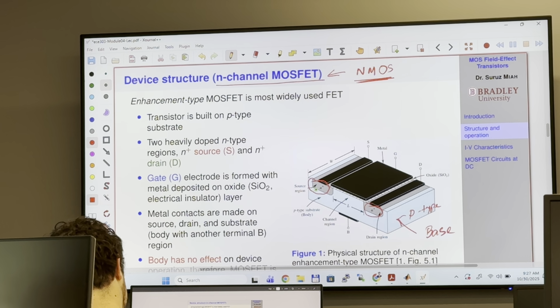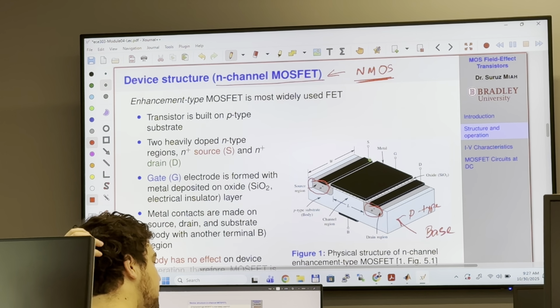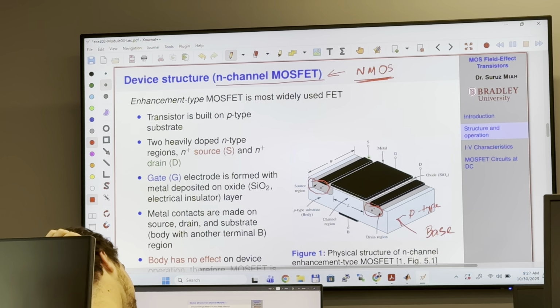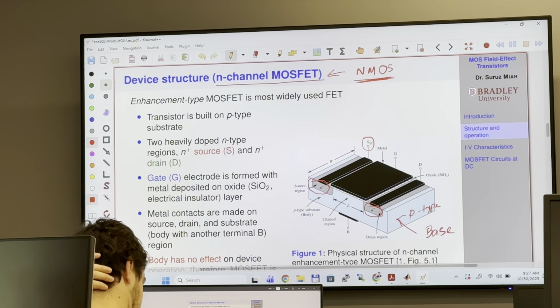Now, on top of this source region, there is a metal right here, and there is an electrode, a terminal that comes out of it, and this is the source terminal.